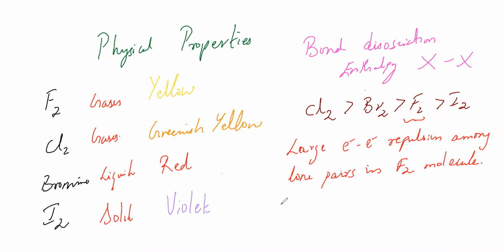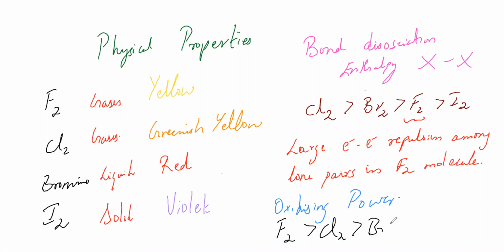Next is the oxidizing power. Very important. Fluorine is greater than chlorine, greater than bromine, greater than iodine. It is the same as our ionization enthalpy and electronegativity.